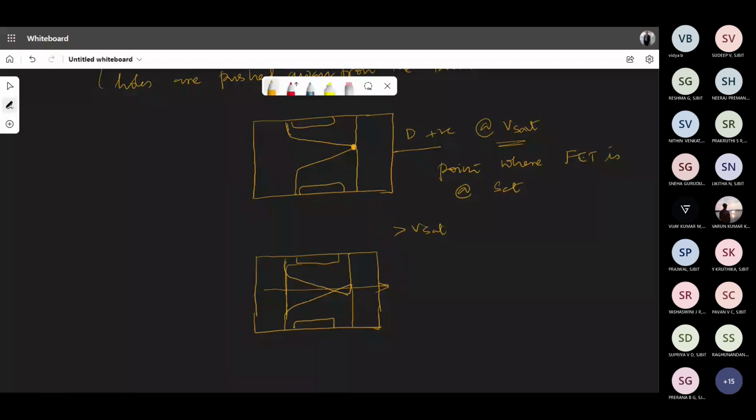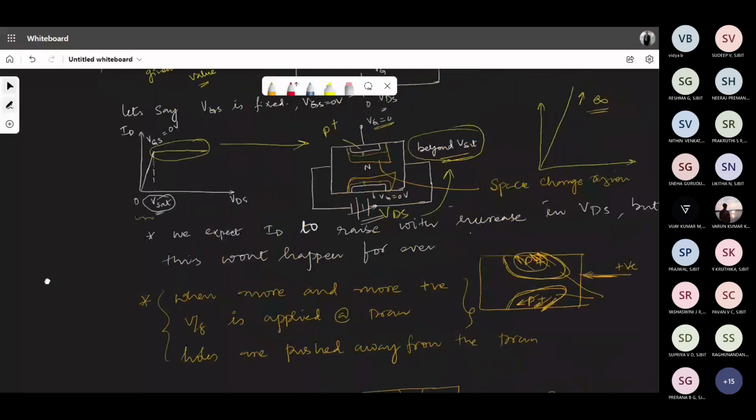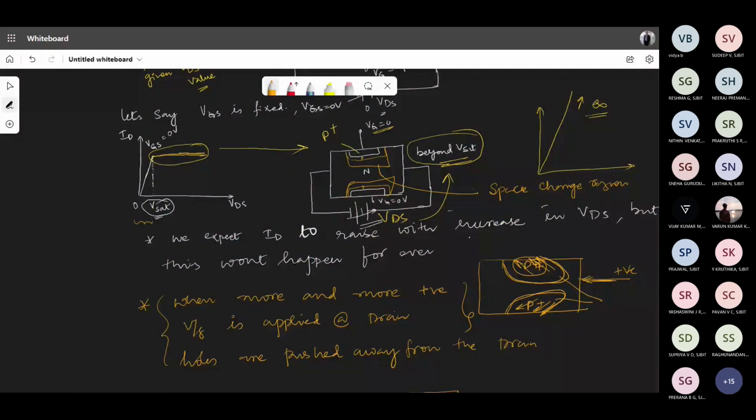Is this point clear to all of you? Yes, sir. Good. No questions? Fine then. So that makes you to say that the current is getting saturated here.